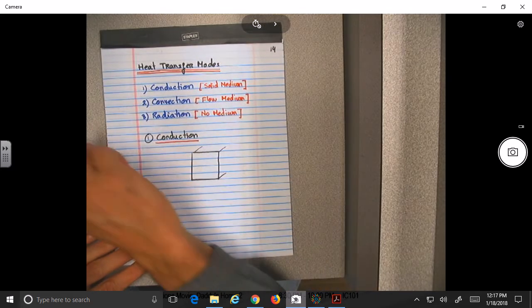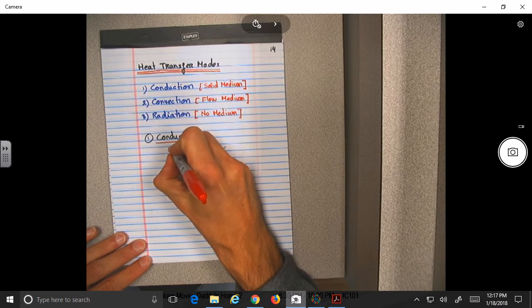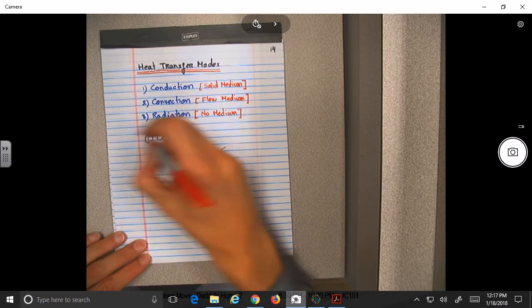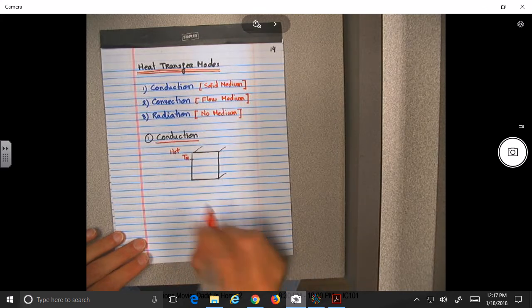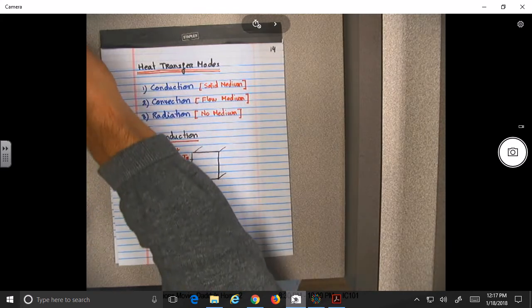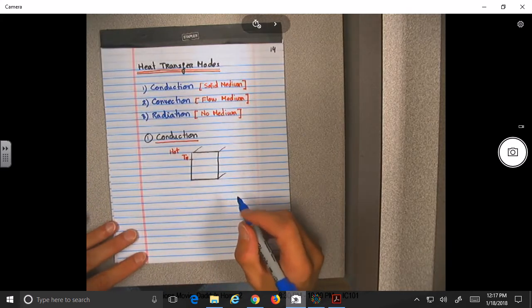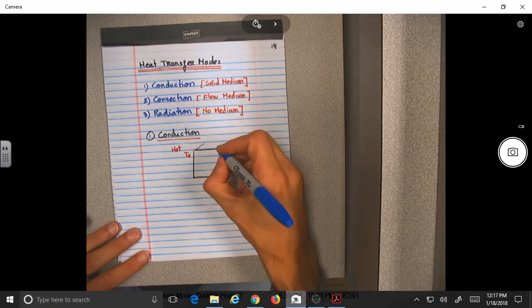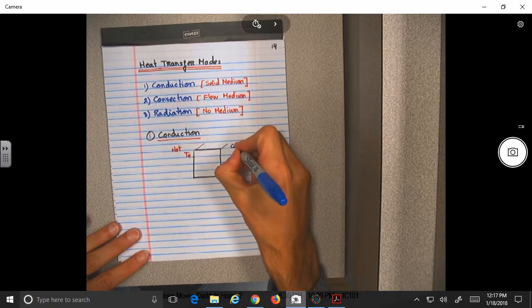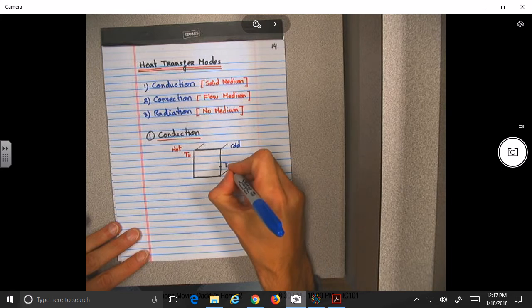So let's say this side is hot. Let's say we have a temperature here, T hot. The wall outside will be at temperature T hot. It's not a good day for today, but generally outside is hot, no? In Florida. And inside will be what? Cold. Okay?